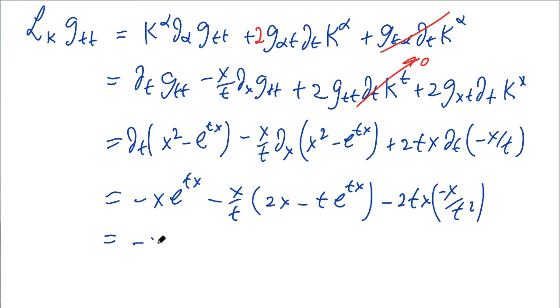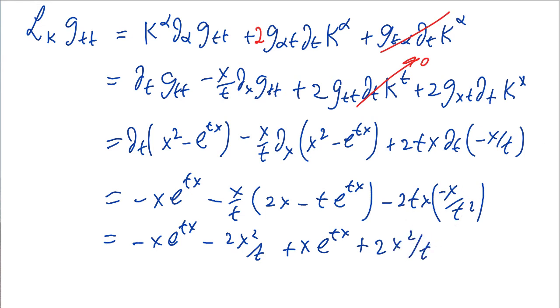All right, so this is minus x e to the tx. This term is minus 2x squared over t. We have a plus, the t's cancel, so this is x times e to the tx. And from here we have plus 2 x squared in the numerator and t in the denominator. So if I haven't made any mistakes, all these terms should cancel. So this term cancels this one, and this one cancels this one. So indeed, this is equal to 0.